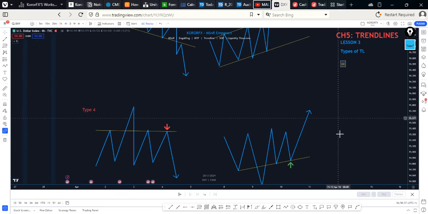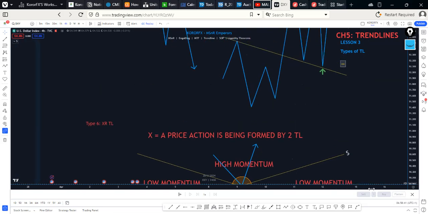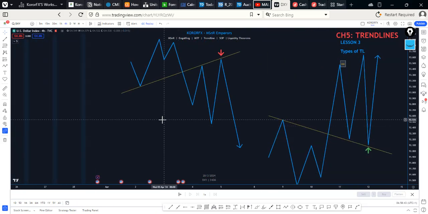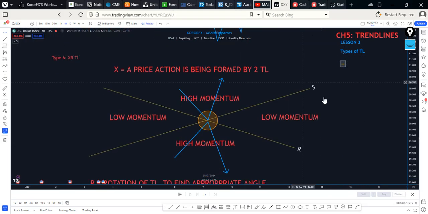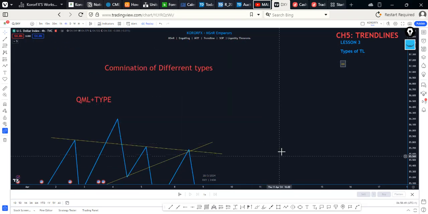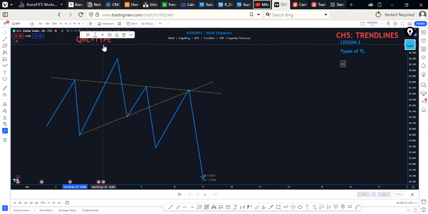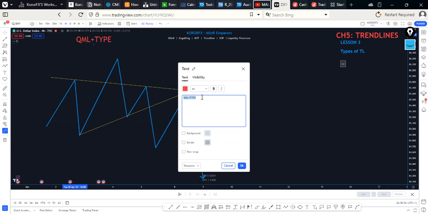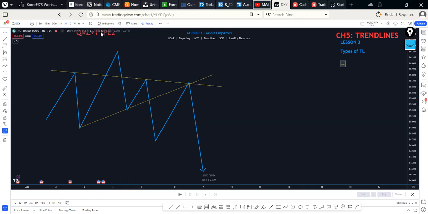You will get it really with a type 6, all right? This is type 6. So I will show you how to add type 1 and type 2 together also, for combining them, all right? This is type 2, all right? So we want to get QML plus type 2.